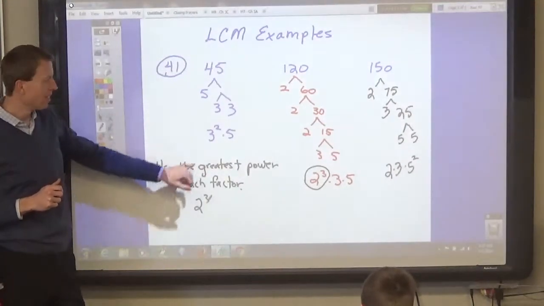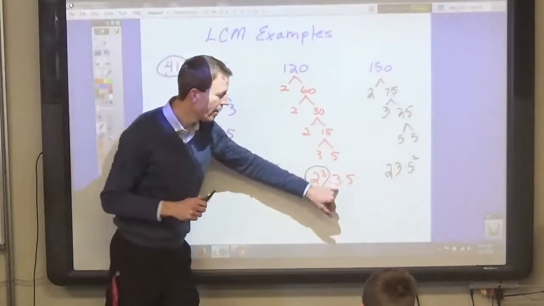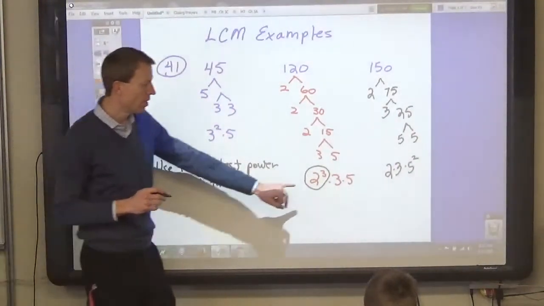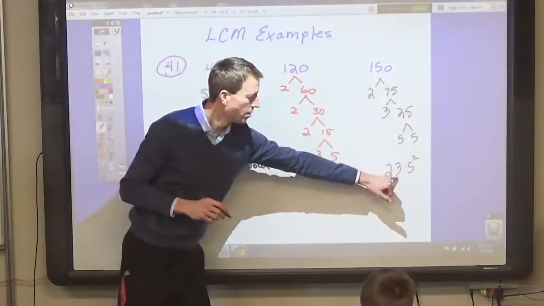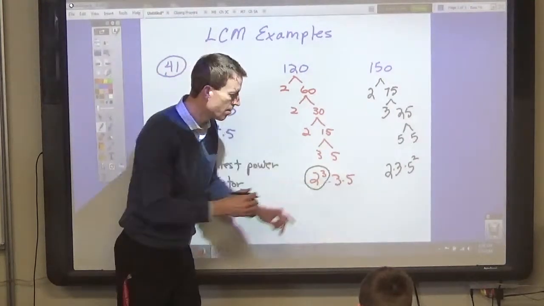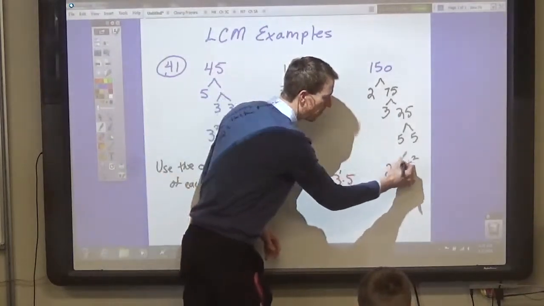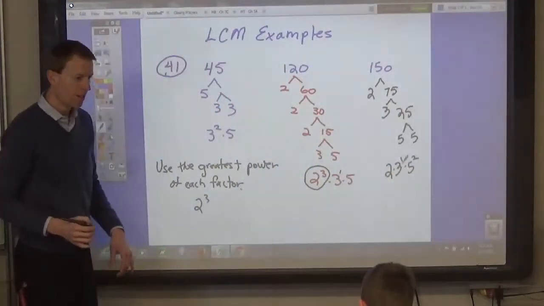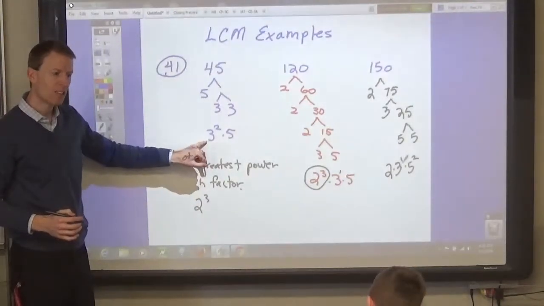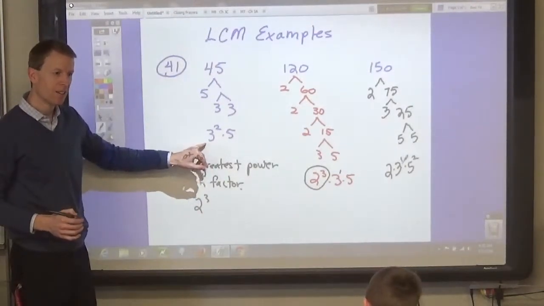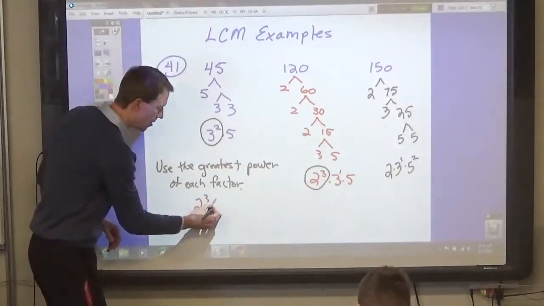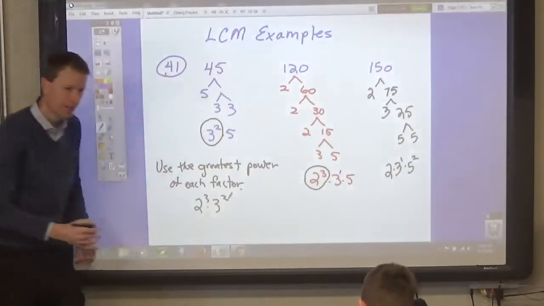Is it 3 squared or 3? What's the exponent for these? There is no exponent listed, so it's just 3 to the first power. This one is 3 to the what? Second power. Okay? So we have to use that one, 3 squared.